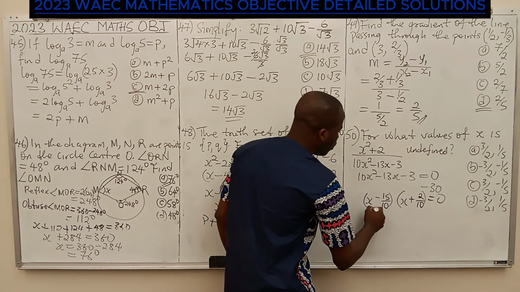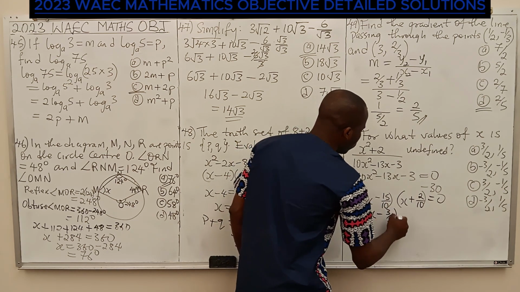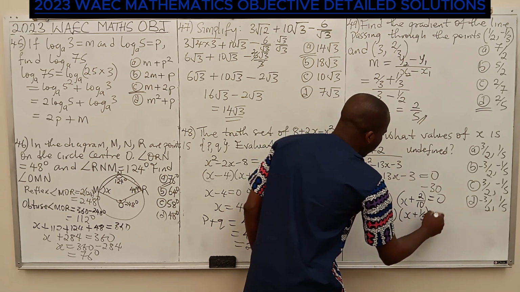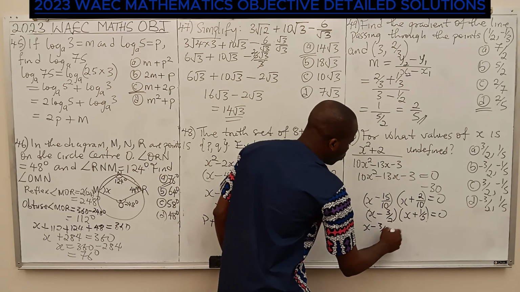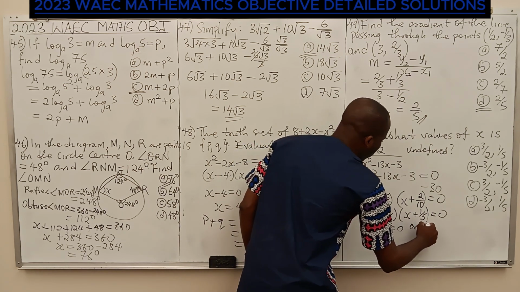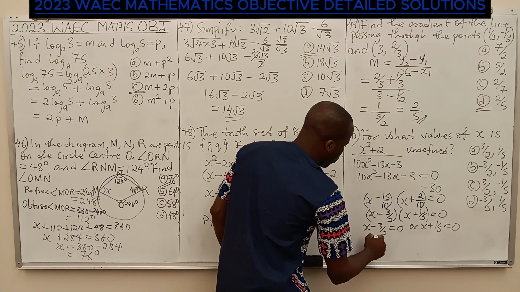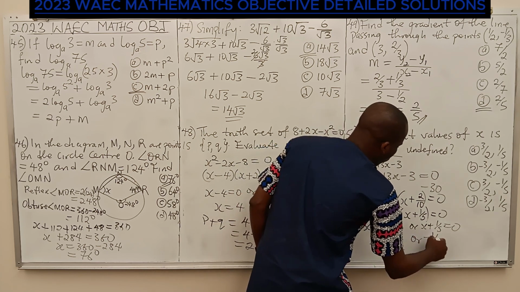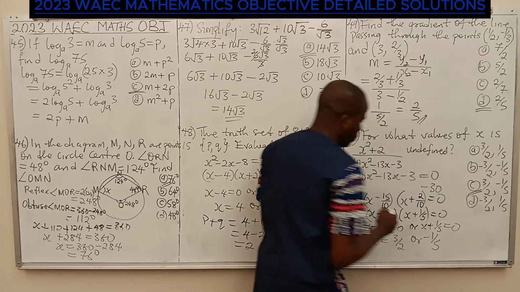If we divide this, this is minus 3 over 2, and this is 1 over 5. It's either x minus 3 over 2 equals 0 or x plus 1 over 5 equals 0. So x is either 3 over 2 or minus 1 over 5, which is C.